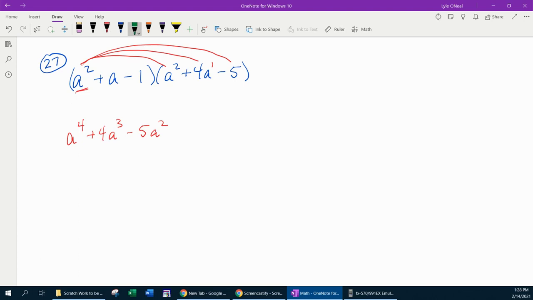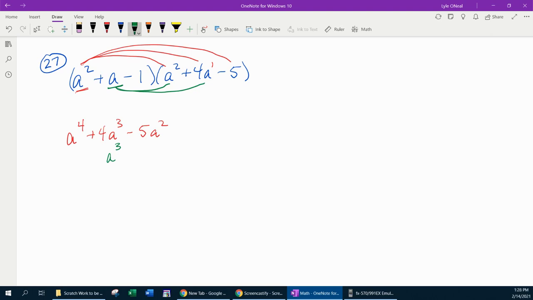Next, the a is going to distribute to all three terms. And again, I'm going to demonstrate the stacking technique. So first, we have a times a squared, which is going to give me a to the third, stacking my like terms.